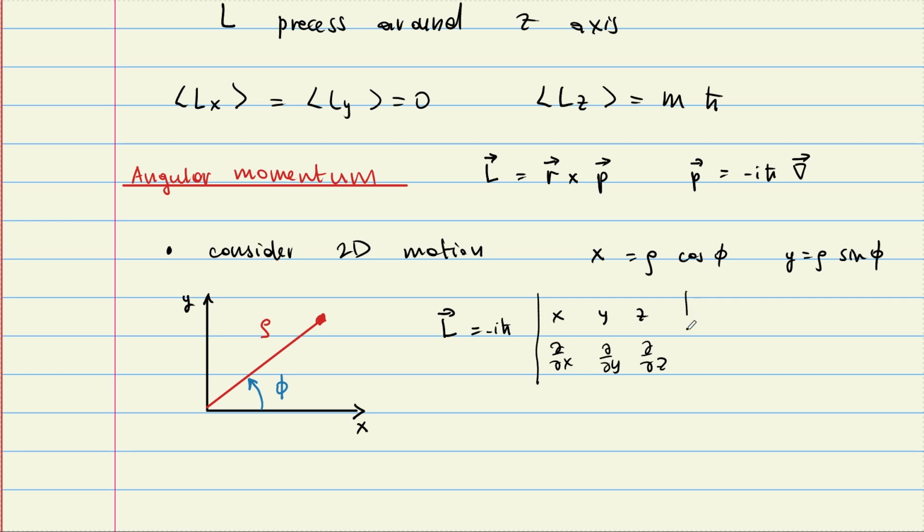I only need the z component, right? For the z component, I'm going to have minus i h bar times x del y minus y del x. So this is the z component.